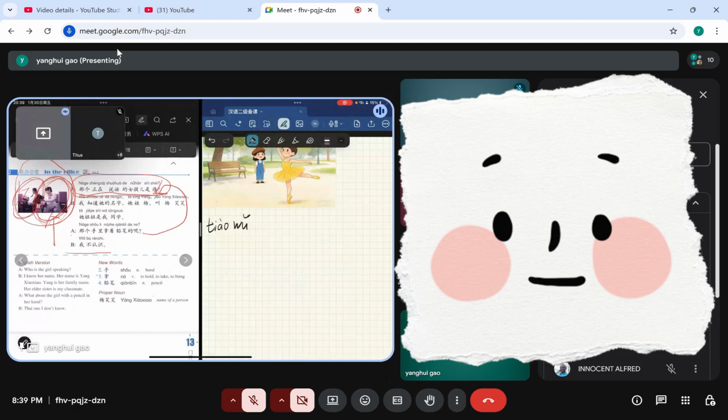So she is dancing, and for is dancing we use 正在.